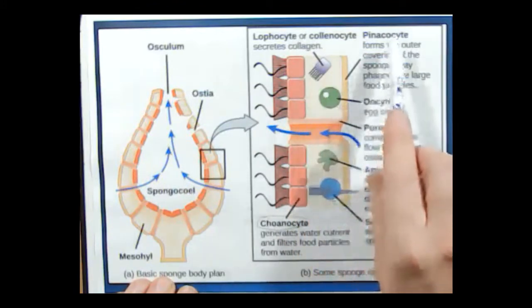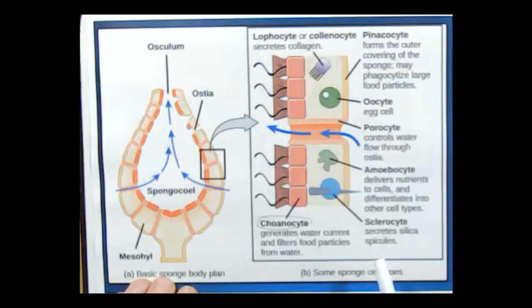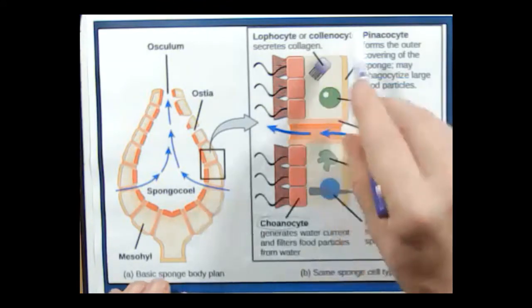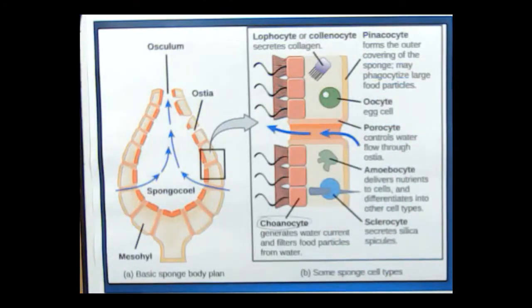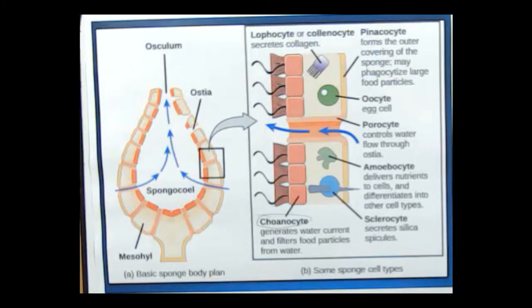The lymphocytes, pinocytes, oocytes, porocytes, amoebocytes, sclerocytes. Now, I'm not going to ask you to memorize all of these different cell types or what they do. I'm mainly showing them to you here to emphasize the point that in order for this sponge to exist in the way it exists, it requires different cell types. It requires cell specialization. But it's only 20 different cell types.